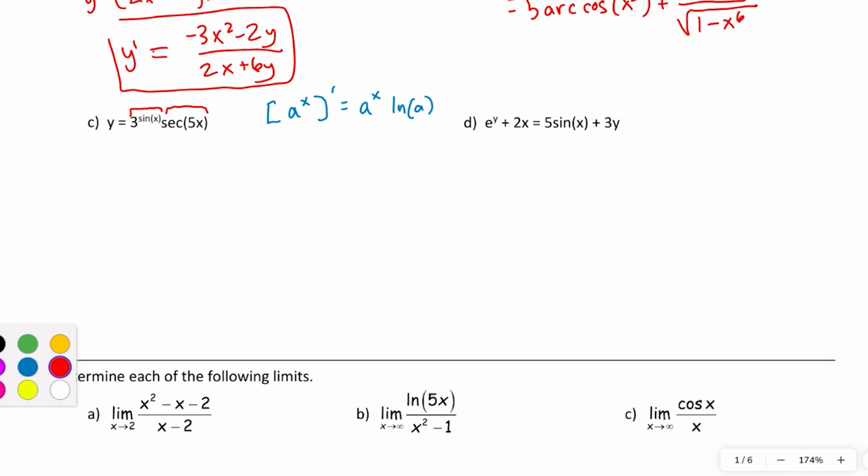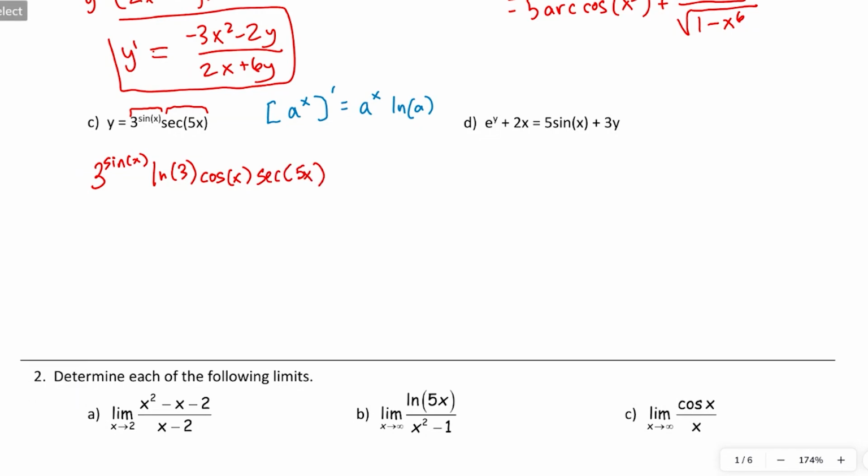So yeah, the derivative of 3 to the sine x would be 3 to the sine x times the natural log of 3. But then I've got to use chain rule here. So I'm going to multiply by the derivative of sine, which is cosine, times secant of 5x.